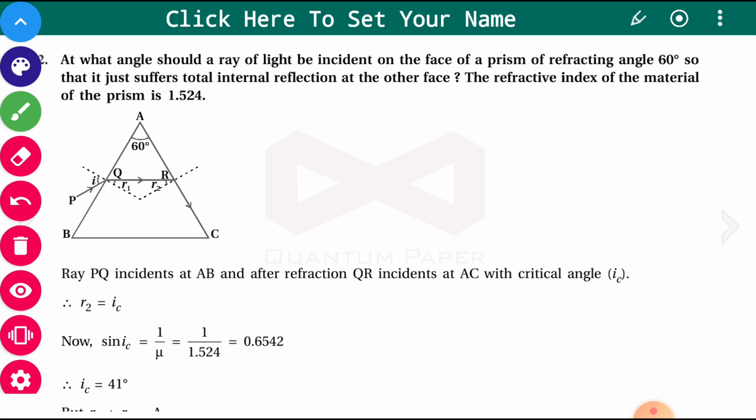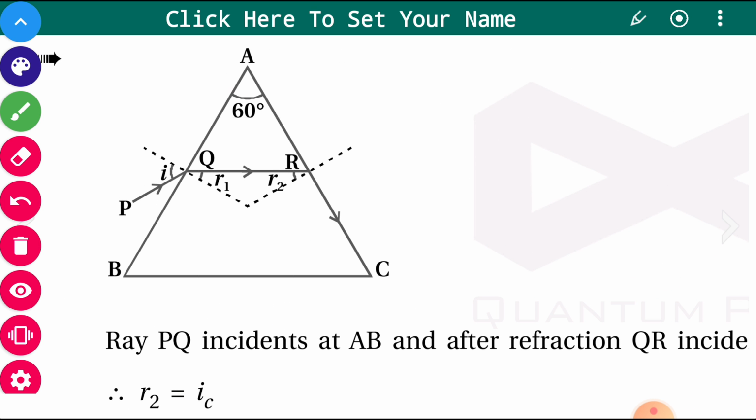Now here from the second face, it is experiencing the total internal reflection. Try to understand, the angle of incidence for the second face has to be equal to the critical angle, that is IC.